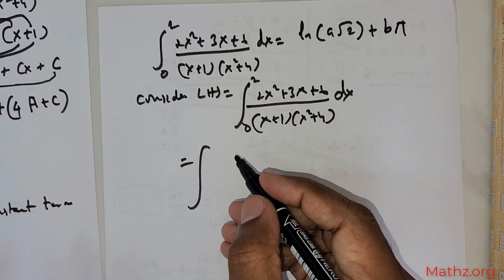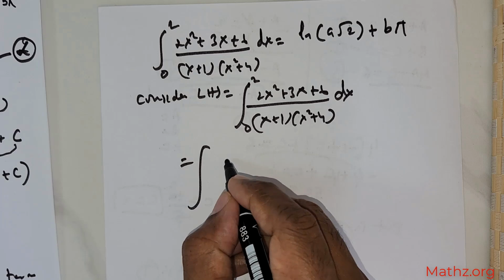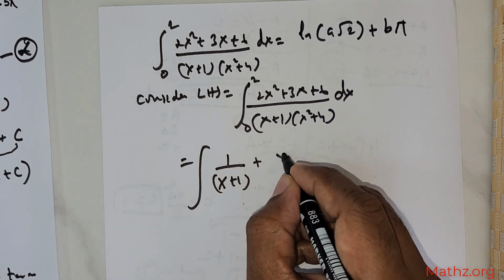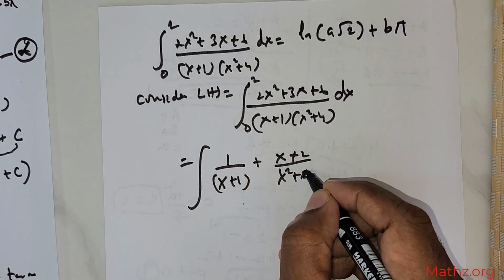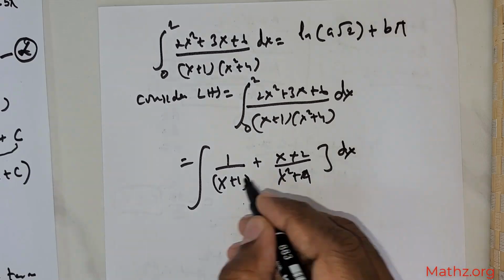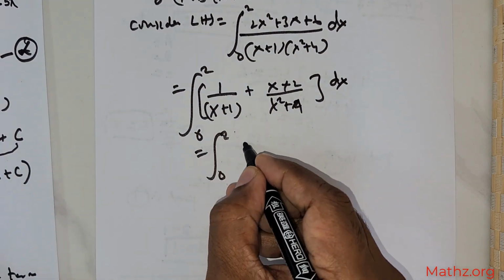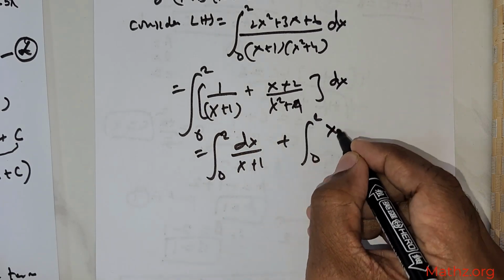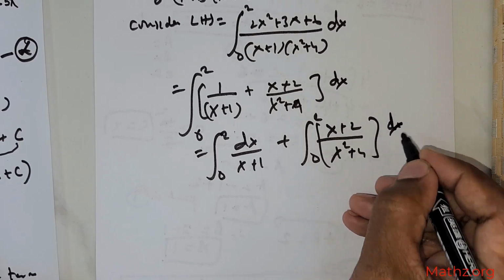Now this is rewritten. I got the partial fraction component, right? So it's going to be 1 over x + 1 plus (x + 2) divided by x² + 4, times the dx. Integral is from 0 to 2. Now this can be rewritten as the integral from 0 to 2 of dx over x + 1, plus the integral from 0 to 2 of (x + 2) divided by x² + 4 dx.